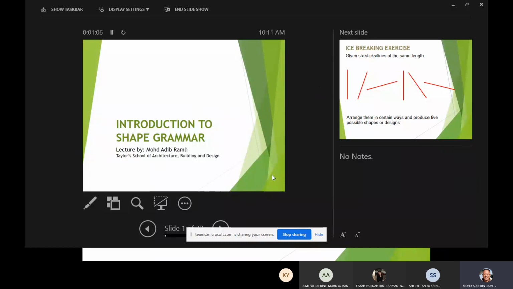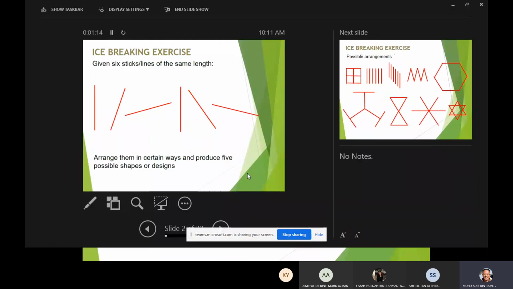But before I go towards shape grammar itself, let's discuss the ice-breaking exercise that I gave last week. This is the question: given 6 sticks or lines of the same length, arrange them in certain ways and produce 5 possible shapes or designs. So far I've only seen a submission from Melissa.